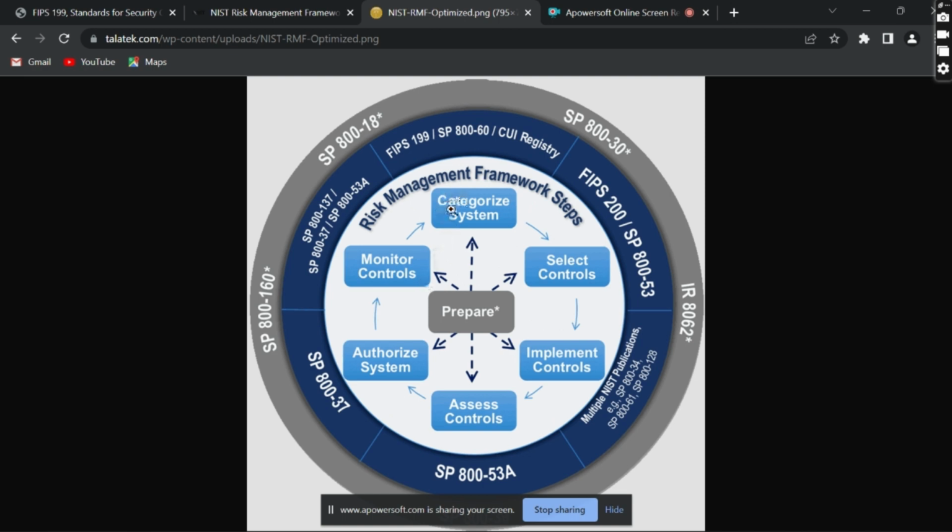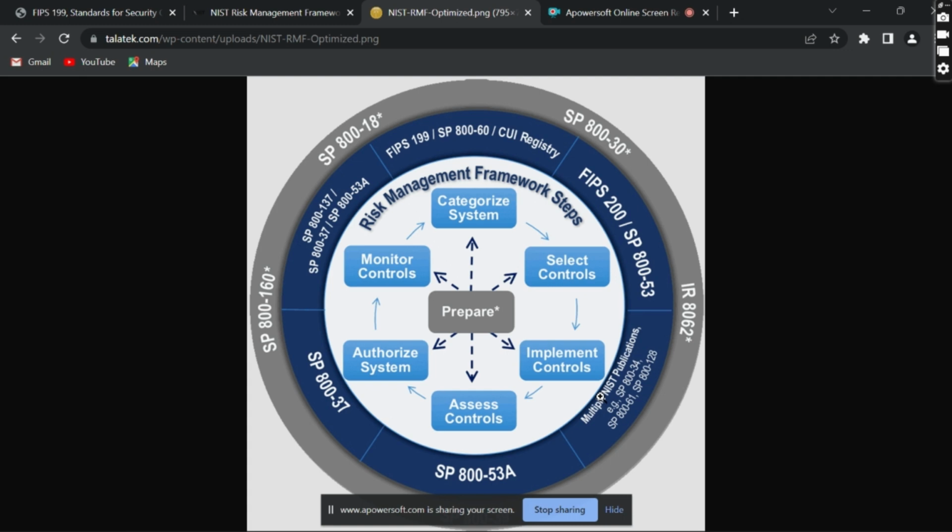And all this can be taken, this categorization of the system can be taken from FIPS 199, Special Publication 800-60. Selection of controls can be taken from FIPS 200, Special Publication 800-53. Implementation of the controls can be taken from Special Publication 800-34, Special Publication 800-61, and Special Publication 800-121.